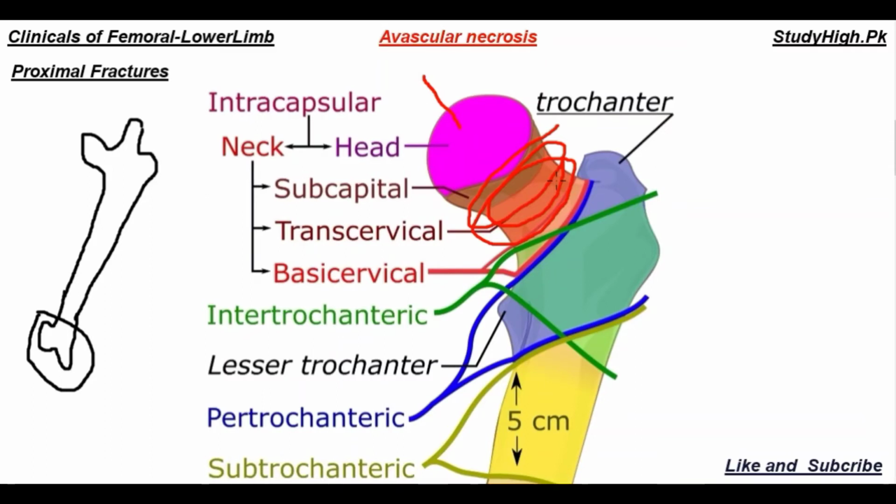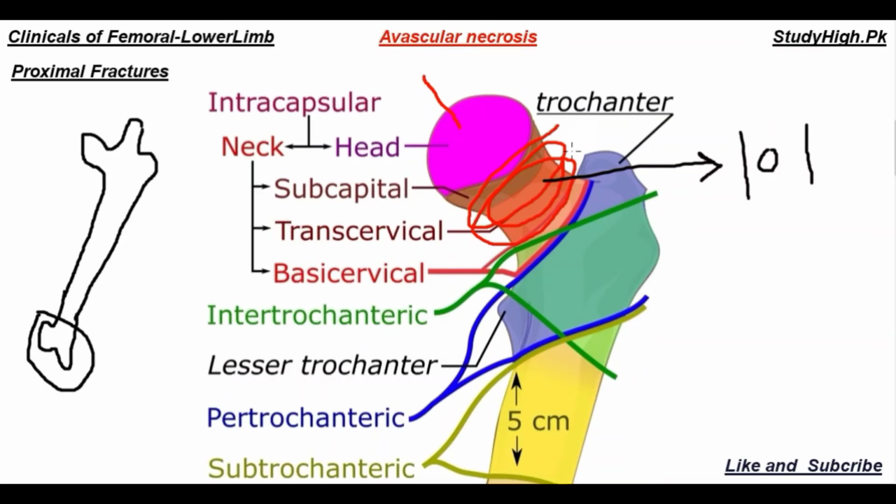As a result, what will happen? As these arteries have been broken down, there is no blood supply to the femoral head and neck. After 24 hours, the bone cells of the femoral head and neck start dying because of the absence of nutrients and oxygen supply. Hemopoietic cells that form RBCs and WBCs also start dying.